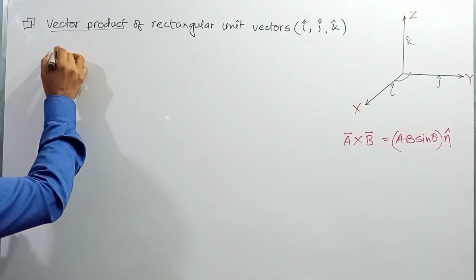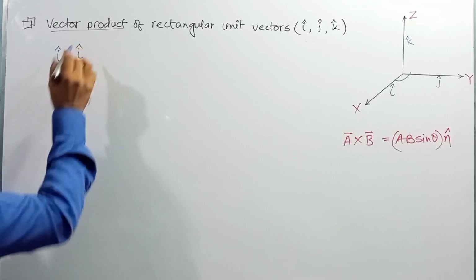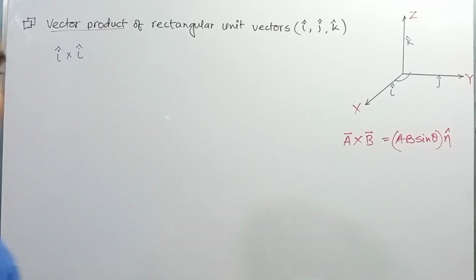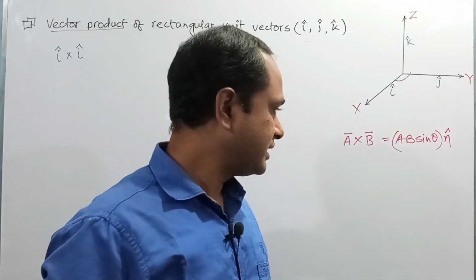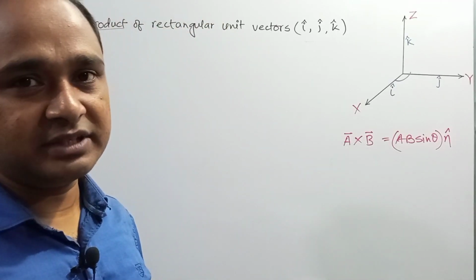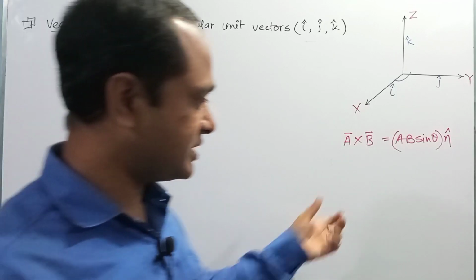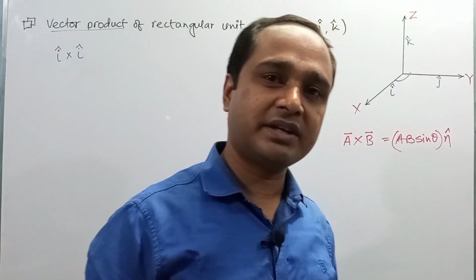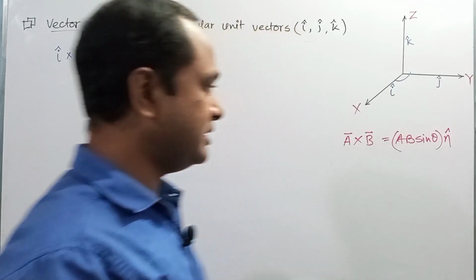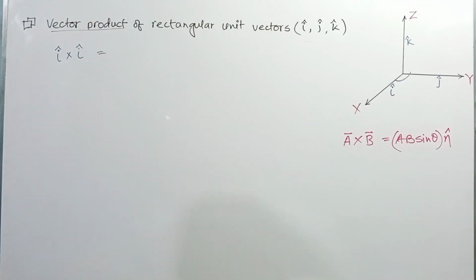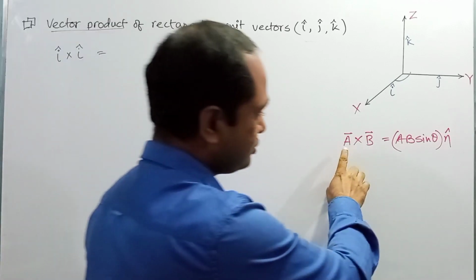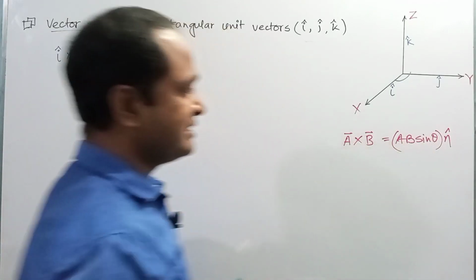Dear student, if we multiply i cross i, that is the cross product of i and i. So according to this law, the cross product of two vectors will give two parts, the first part indicates the magnitude and the second part indicates the direction of the vector. So here the magnitude of A cross B is equal to AB sin theta.